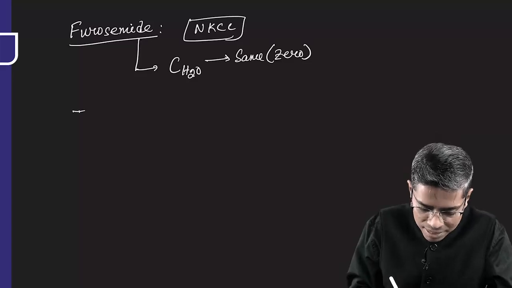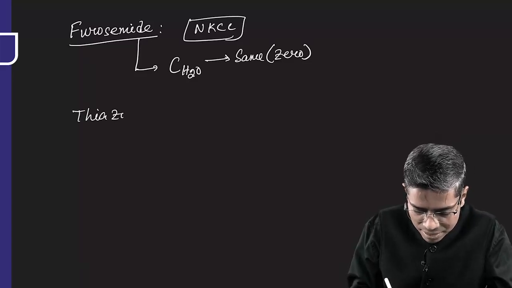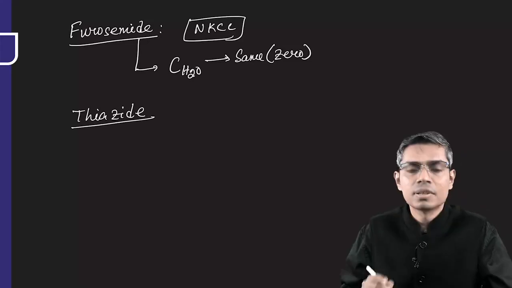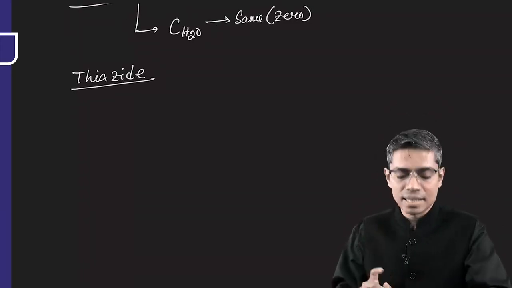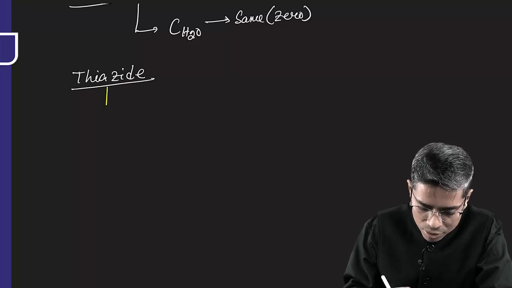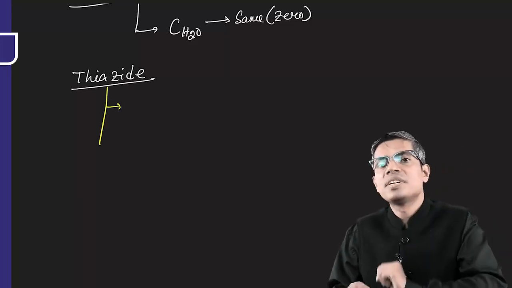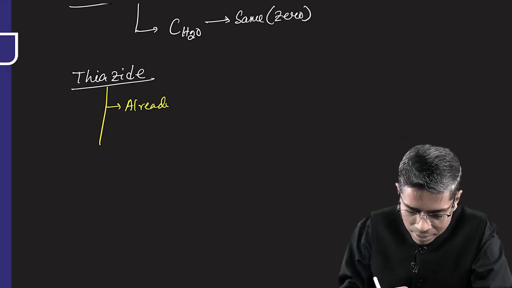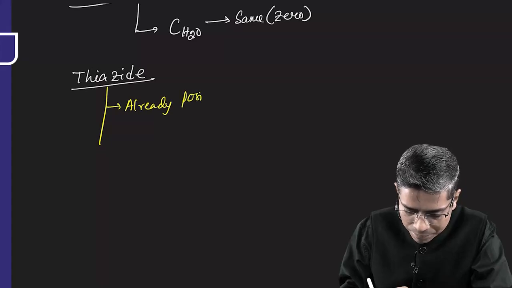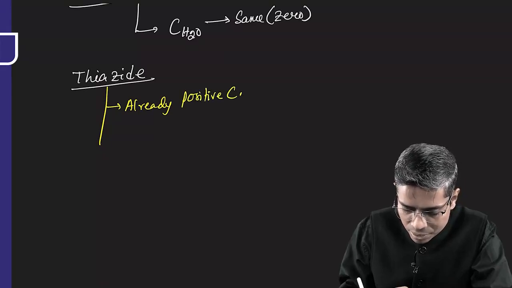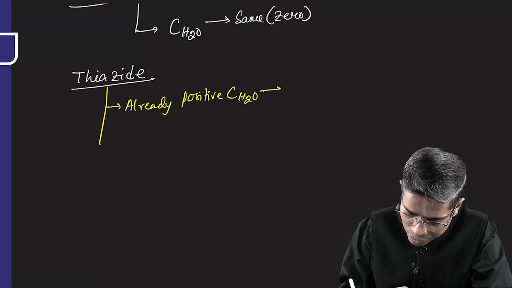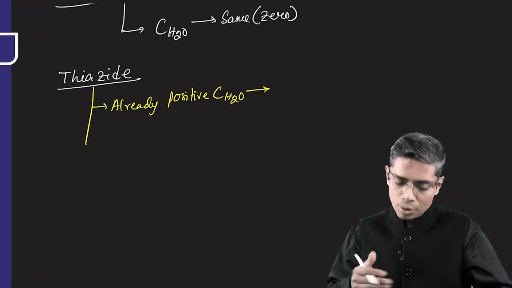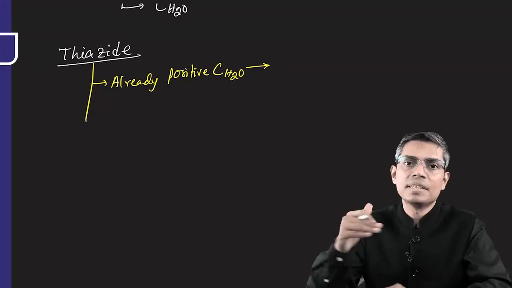In case of thiazide diuretic therapy, there are two conditions. If you are giving thiazide to a patient who already has a positive free water clearance, already he is excreting a huge amount of water freely in the urine.